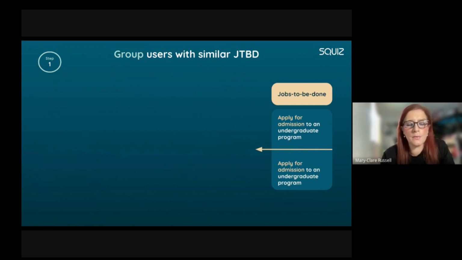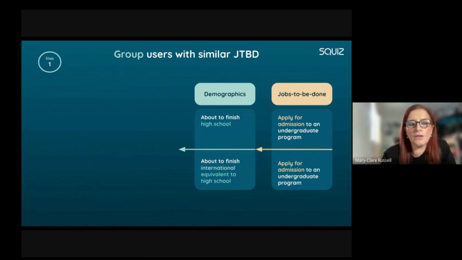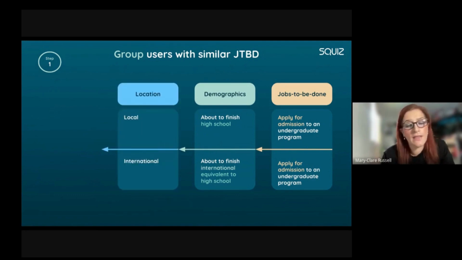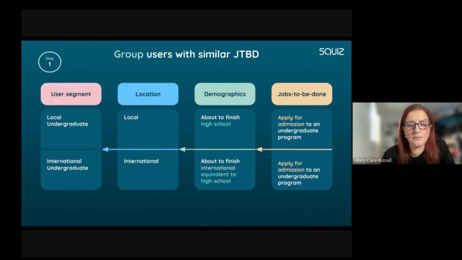But the users could belong to two different user segments, differentiated by demographics: a US resident high school graduate or an international student studying an equivalent qualification in their own country. This could affect the content that's relevant to them and the actions they should take around admissions.